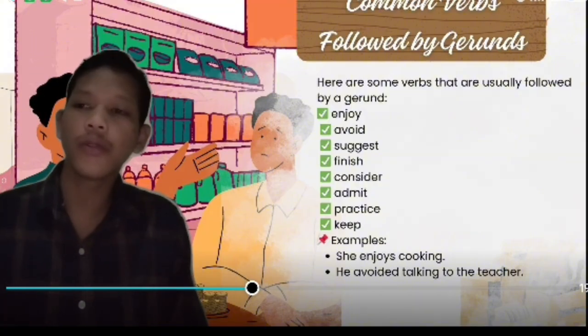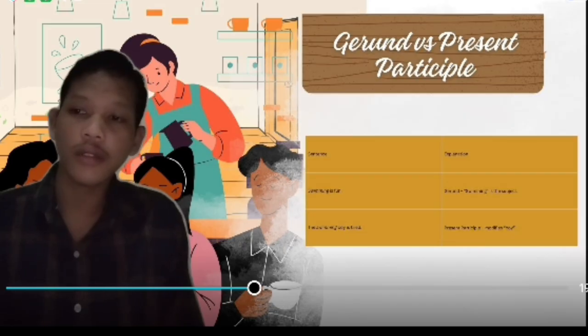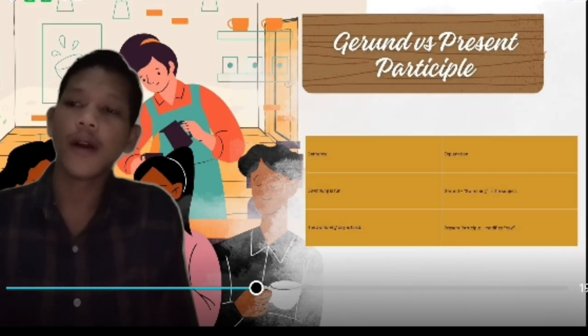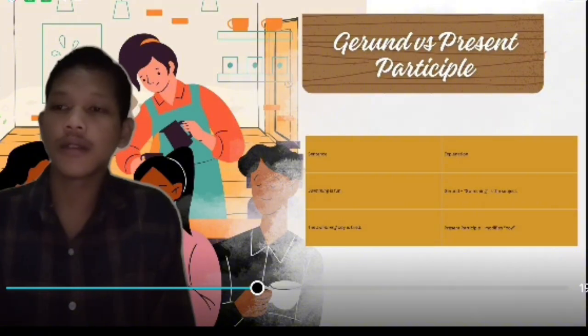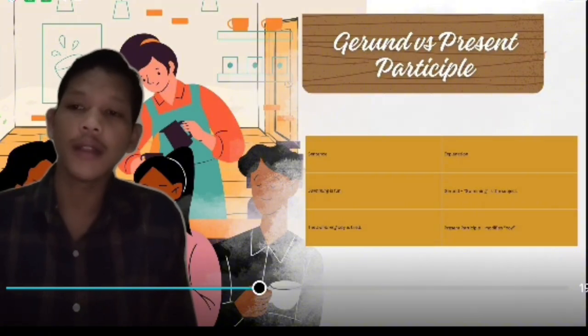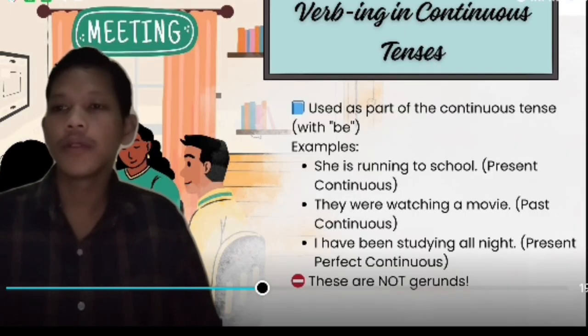For your quick tip, if verb plus ing answers what, it's a noun or a gerund. But if it answers which one or what kind, it's an adjective or participle. Then we move to the next slide.